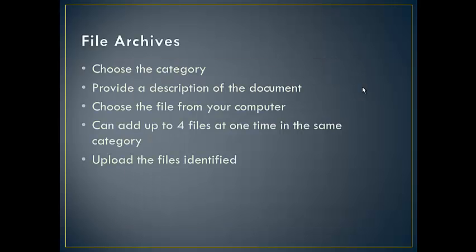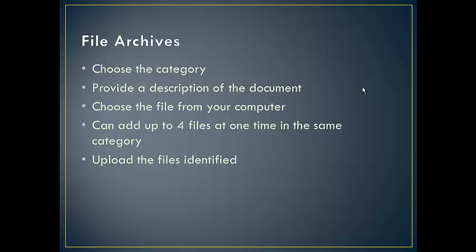Then the next important area is there's a yellow banner on the top of the Kansas Planner, and File Archives is there. I click on File Archives and choose the category and provide a description of the document. In the middle, it will say Upload Files. So you click on Upload Files.